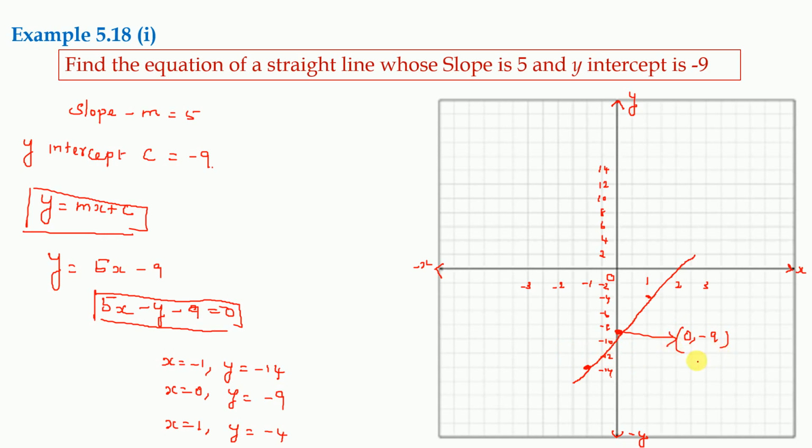This minus 9 is the y-intercept of the given equation, which is what was given in the question. This is how we can understand this problem, and this is a very important concept in straight line equations. Thank you.